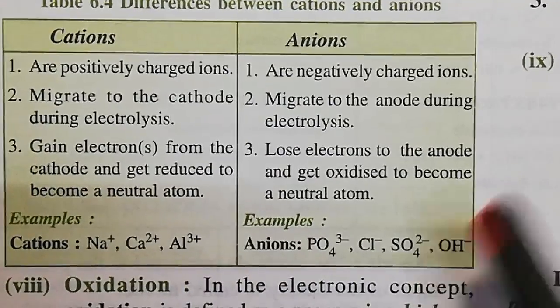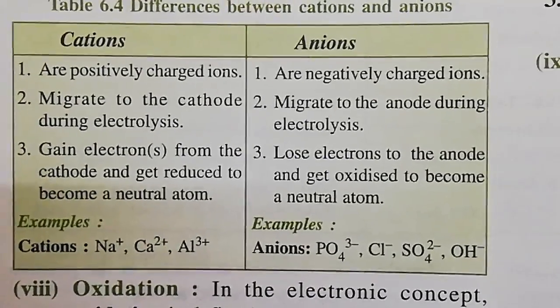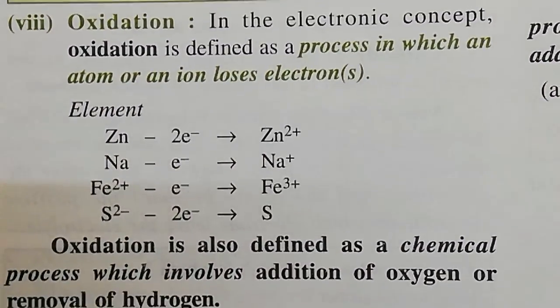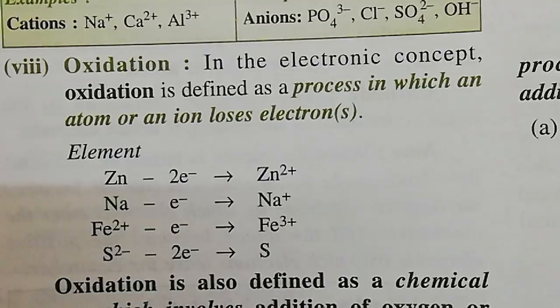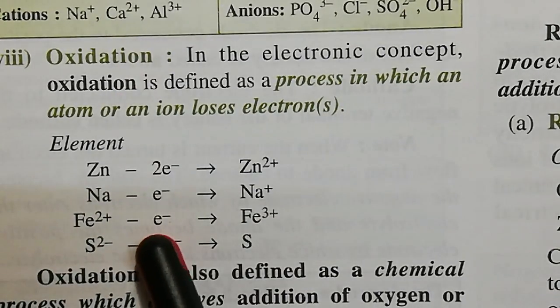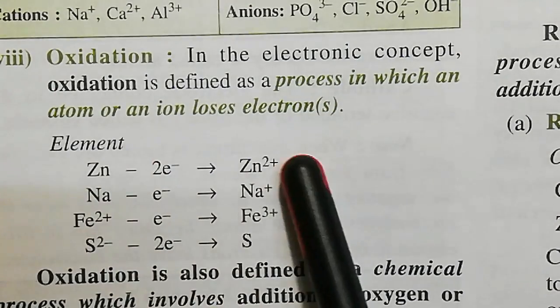Now one question is raised, and that is, electrolysis is a redox reaction. And why? Because in electrolysis, reduction and oxidation both occur simultaneously. So oxidation occurs. You know what is oxidation? Oxidation is the loss of electrons.